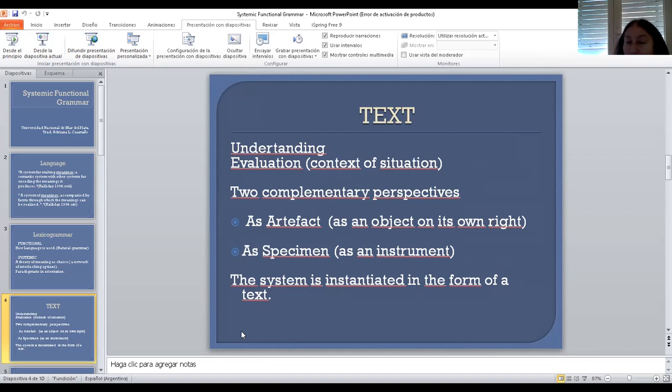That is, as an object in its own right, and as an instrument. Basically, the system can only be studied in the form of a text. We study the text as an instance, as a window into the system, and we also study the text in itself.